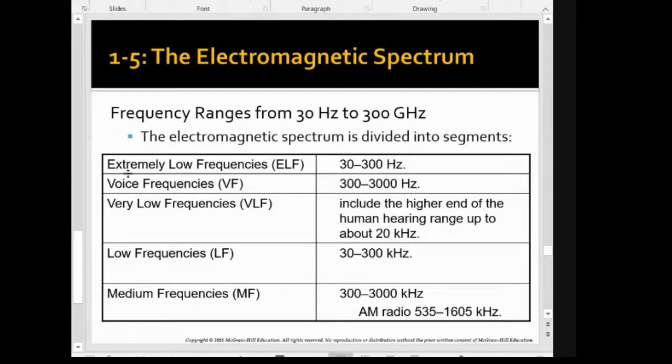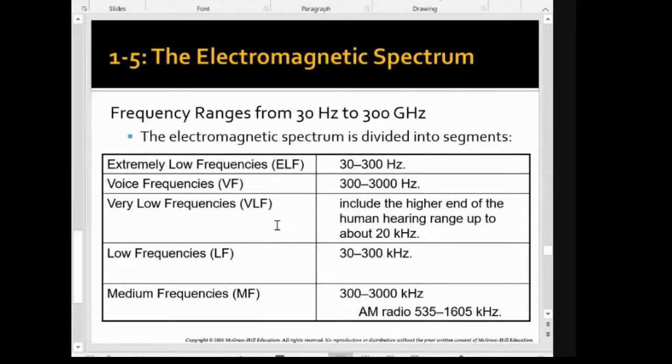So we have extremely low frequencies. Voice frequencies is something everybody should remember, 300 to 3 kilohertz. Usually we say the voice frequency bandwidth is about 3 kilohertz. But in practice, in communication systems, for each voice we allocate 4 kilohertz.